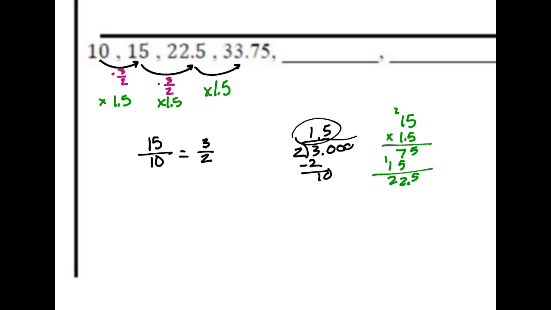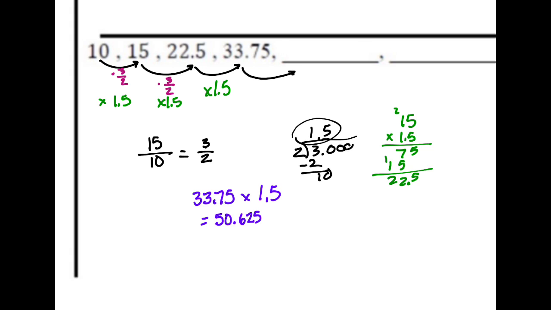Okay, and I'm just going to tell you it does work right there, doing 22.5 times 1.5 equals 33.75. So now on your calculator, you're going to do 33.75 times 1.5, and you end up with 50.625.